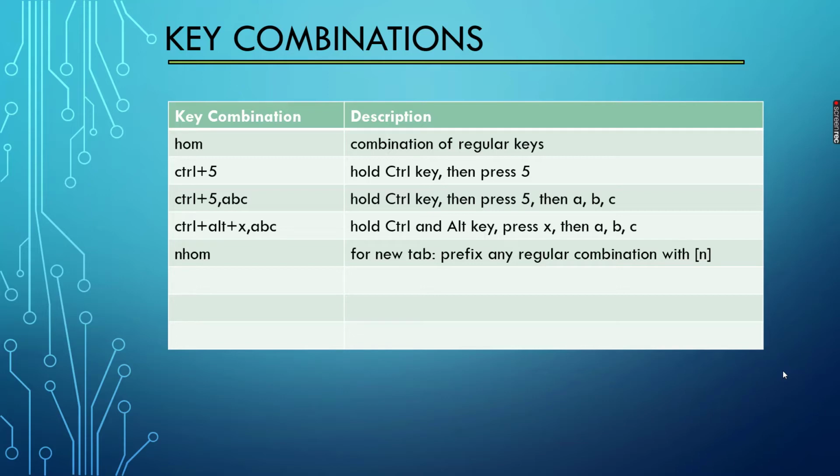And you can use also Control Alt, or for example Control Shift, Alt Shift, and so on. And the other thing is that for each of the regular combinations that just have letters, if you prefix them with N, then this will bring you to the next tab. So it will open the shortcut not in your current tab, but in a new tab.